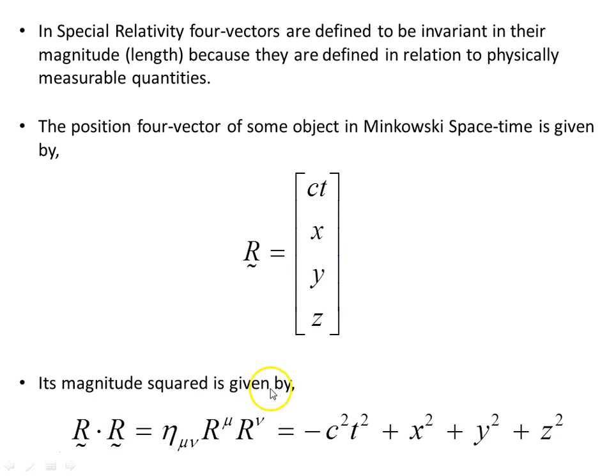Its magnitude squared is given by r dot r, which is eta, the metric, which I've not shown you here, but in previous videos I have. So we'll have a 4x4 matrix with -1 in the top left-hand corner, +1s down the rest of the diagonal, and 0 everywhere else. When we calculate that through, we end up with this squared space-time interval here.